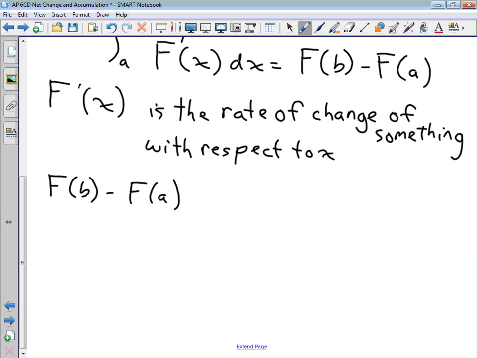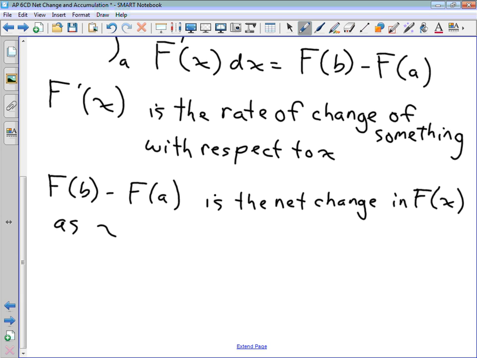So the difference between the values at these 2 points is the net change in our function F at x as x goes from a to b. So we evaluate it at the starting point, we evaluate it at the ending point, and we take the difference.